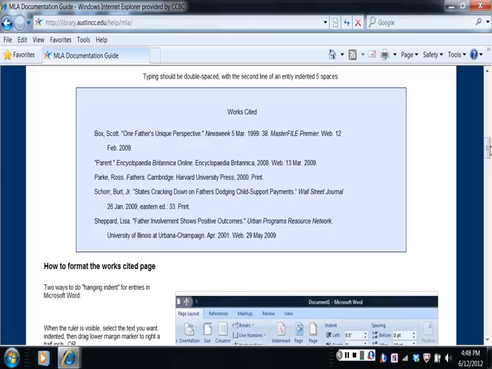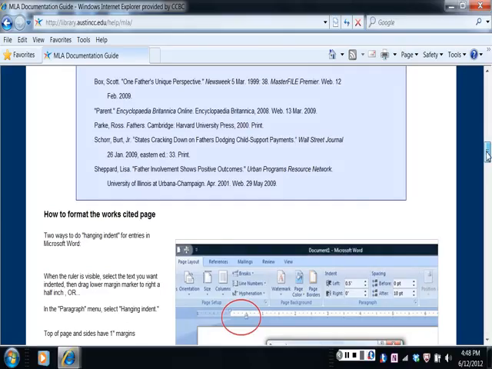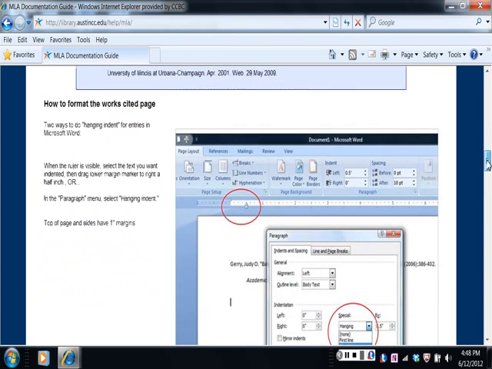You may not always have a date, because it depends whether, let's say you have a website. The website might not have a date on it, but you always have the date you got it. And again, that's inverted. Okay. Whatever website you go on to to see how to do MLA documentation, it will always give you this form.